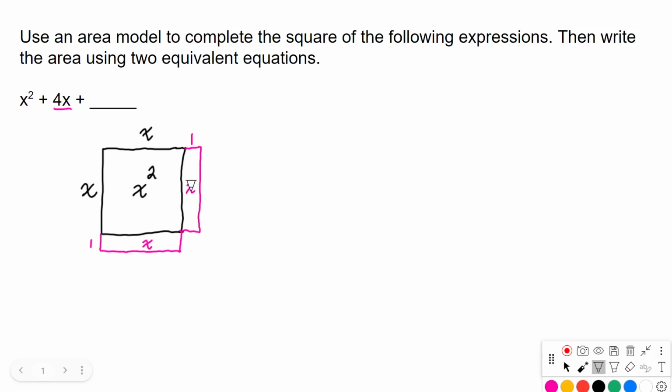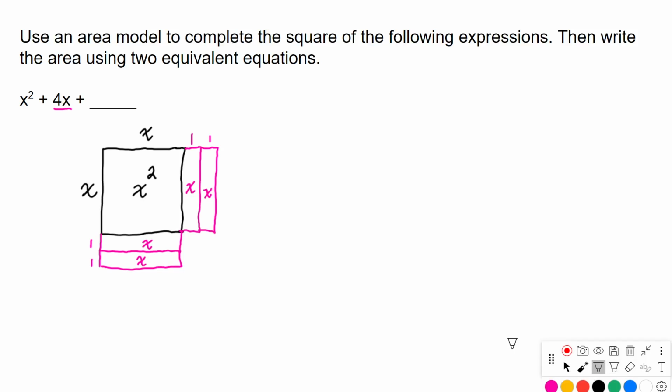Now this is only 2 of them, and I have a total of 4 that I need in my diagram. So I'm going to place one more on this side for a total of 3x, and another one with a unit measurement of 1 along the bottom for another area of x. So I have 1, 2, 3, 4.